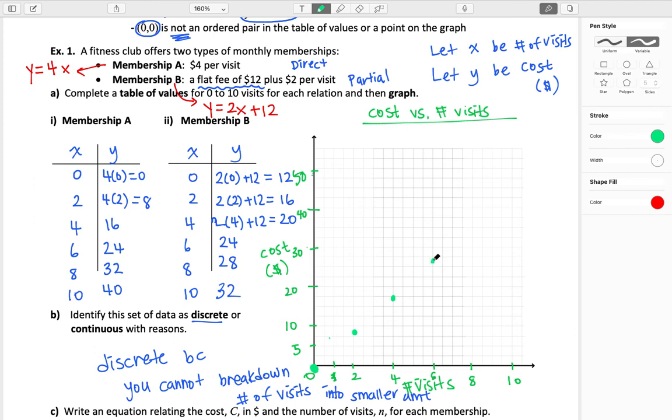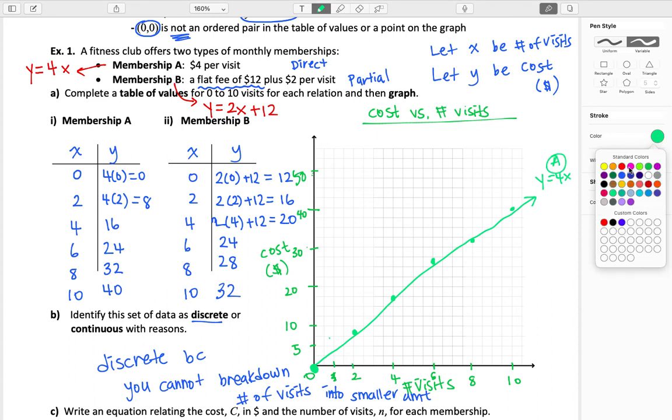So don't forget the spacing. 8 is 32. This is 30, so it'll be. And 10 is 40. Okay, so I'm pretty sure if you were to use a ruler, it will be a straight line. So I'm going to write it down. Y is equal to 4x, which is membership A.